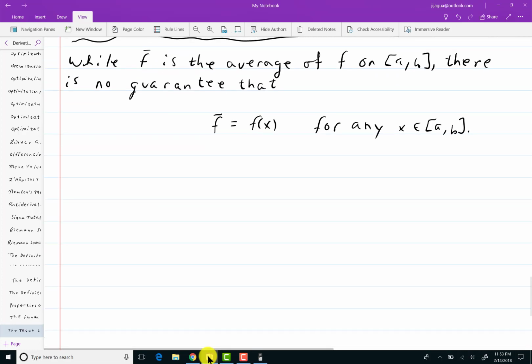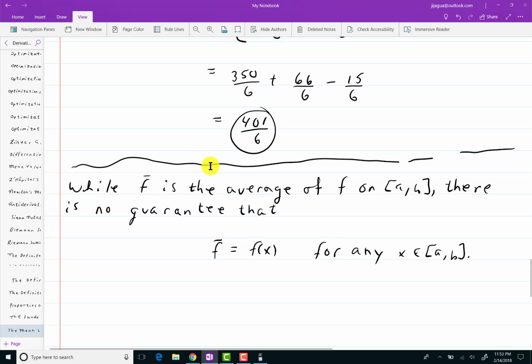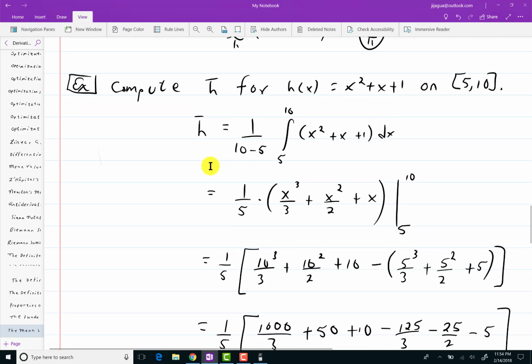So there's no guarantee that the average value is actually an f value. Just like when you take the average of a bunch of numbers.